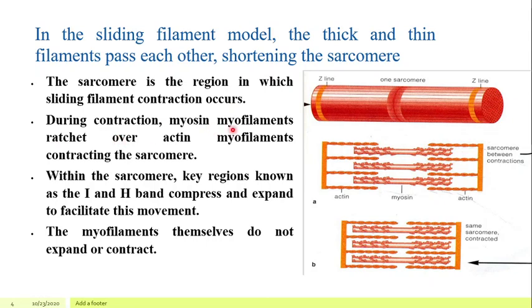During contraction, myosin myofilaments slide over actin myofilaments, contracting the sarcomere. In diagrams A and B, you will see the contraction and relaxation of muscles. Within the sarcomere, key regions known as the I and H band compress and expand to facilitate this movement. The myofilaments themselves do not expand or contract.